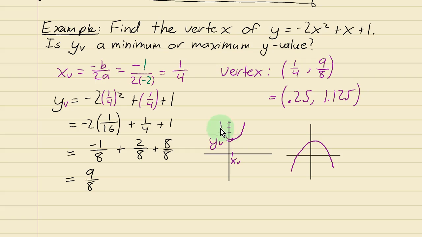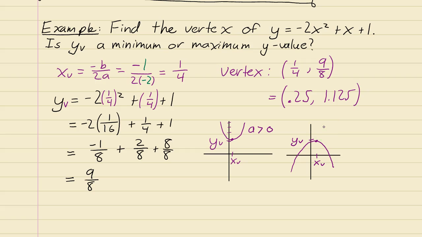I also want to point out that this kind of thing happens when a is greater than 0. When in the formula y equals ax squared plus bx plus c, a is greater than 0, you get an upward opening parabola. And you'll also have a situation like this when your a value is less than 0.